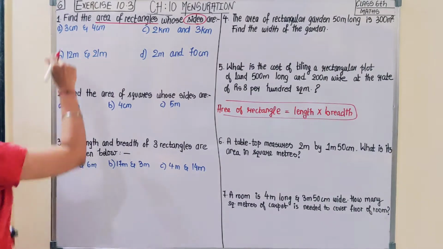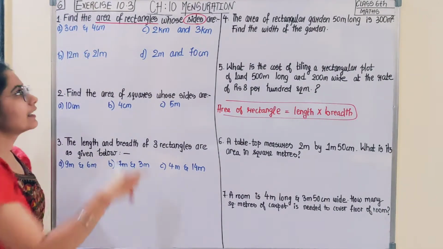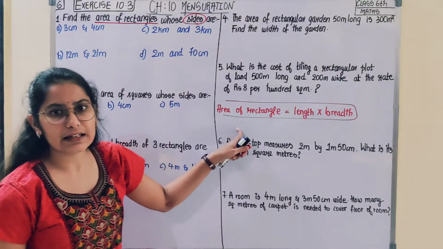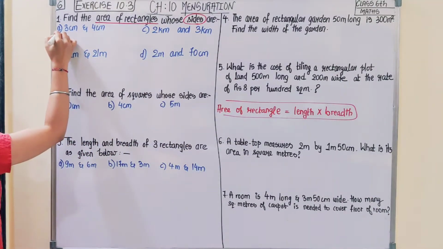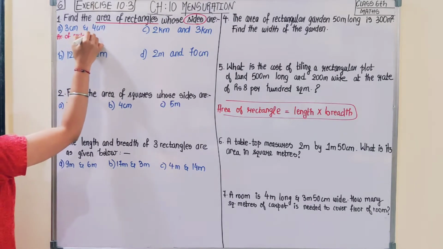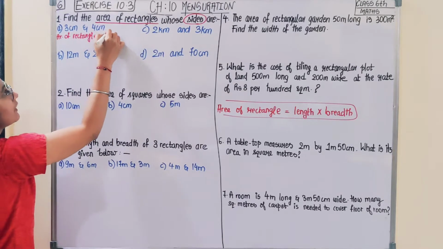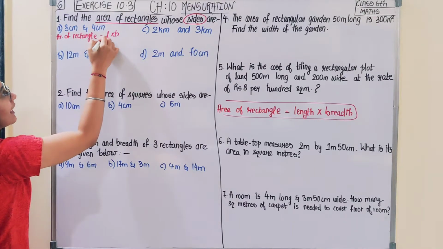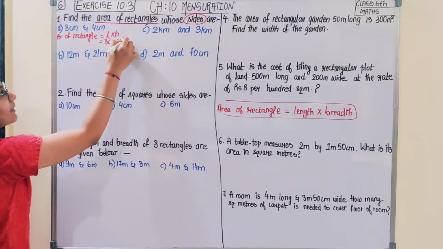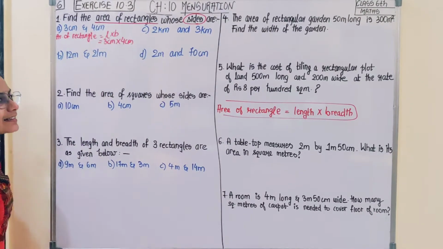Now first is 3 cm and 4 cm. Length is given, breadth is given. You can easily calculate the area. So we can write area of rectangle is equal to length into breadth, that is, length is 3 cm, breadth is 4 cm. Is this the correct representation?